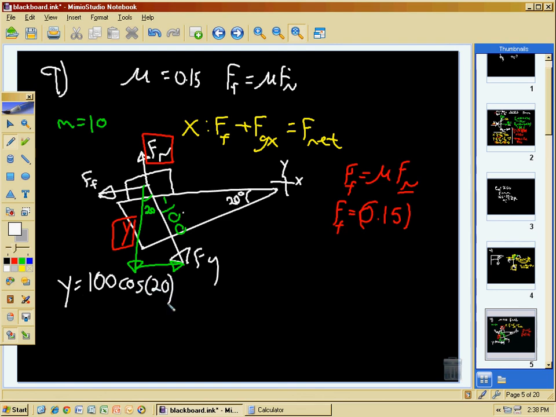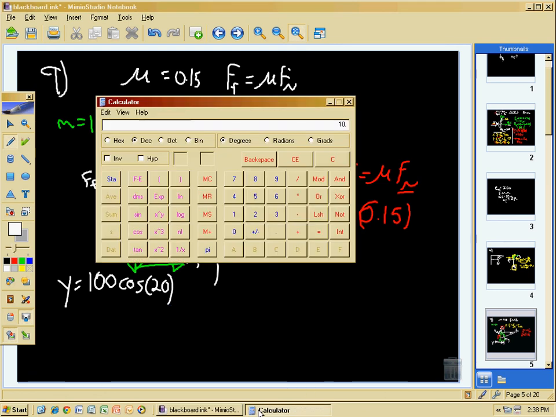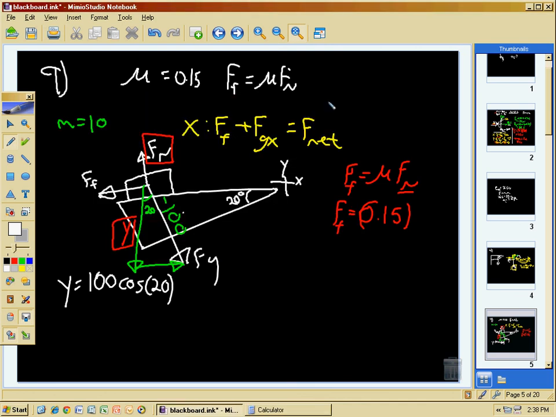I don't know what that is off the top of my head, but we can figure that out pretty easily. Cosine 20 times 100 is 93.97. So, we'll make that negative.